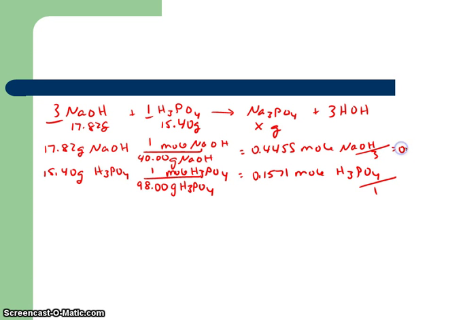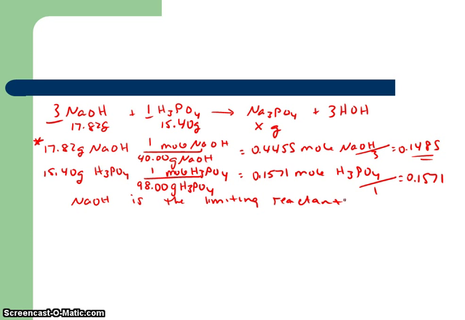We're going to get 0.1485 and 0.1571. The smaller number is what's going to tell us what our limiting reactant is. So that means that sodium hydroxide is the limiting reactant.